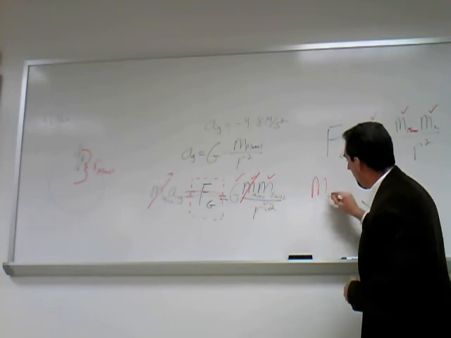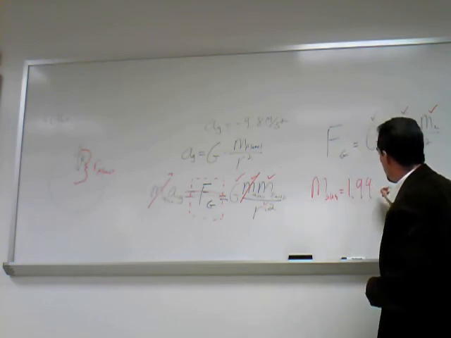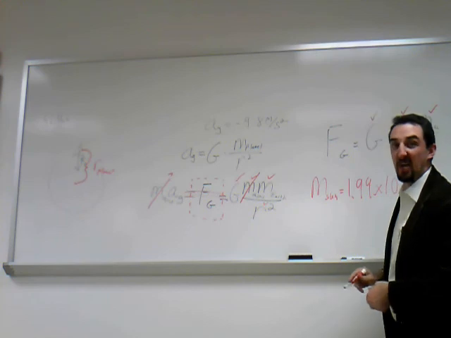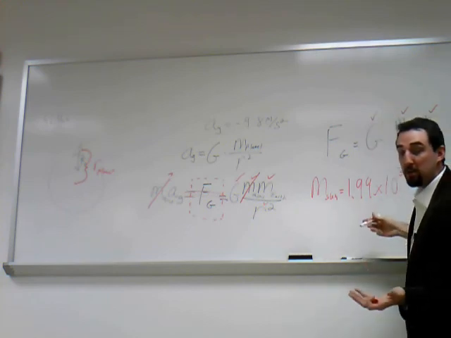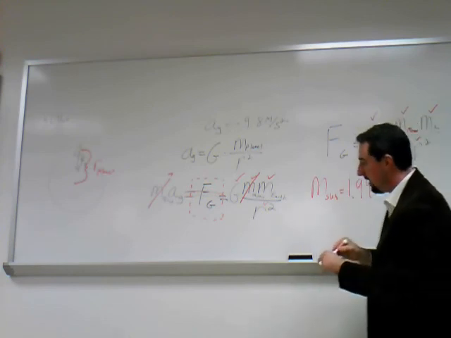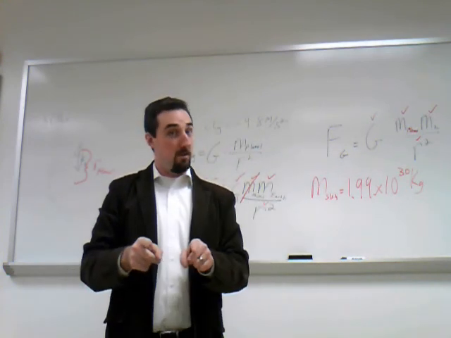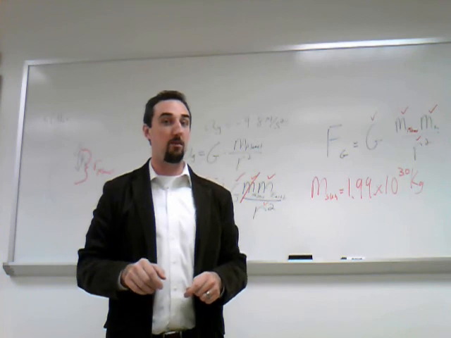The mass of the sun is 1.99 times 10 to the 30th kilograms. Kind of big. And lastly, how far apart they are, which you looked up. If you have all these pieces, you can find FG. All three of these problems deal with the same stuff. You've done it, you can do it now, and you should do it before you come back to school.